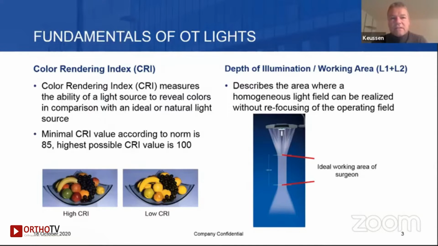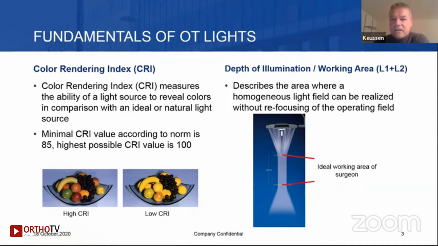Then there's another example of the physics, the depth of illumination, which is L1, L2. This describes the area where a homogeneous field can be realized without refocusing of the operation field.